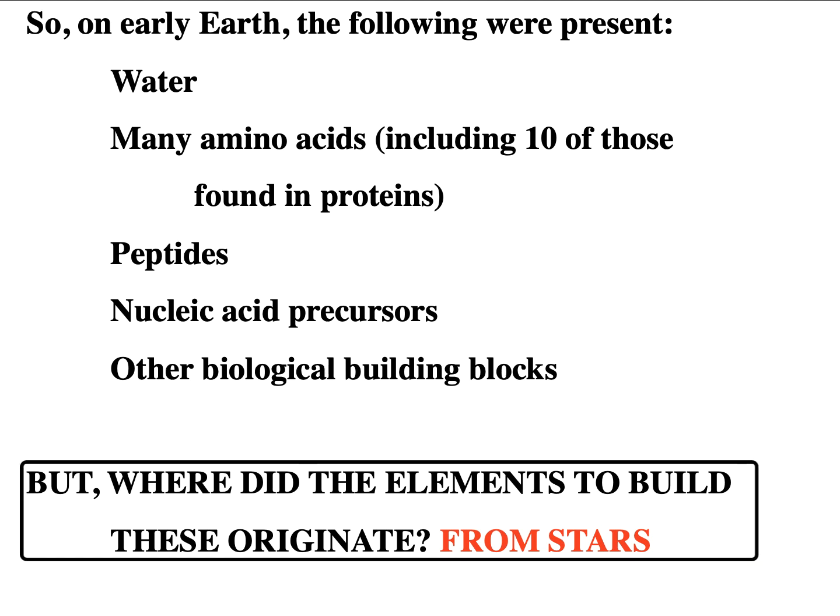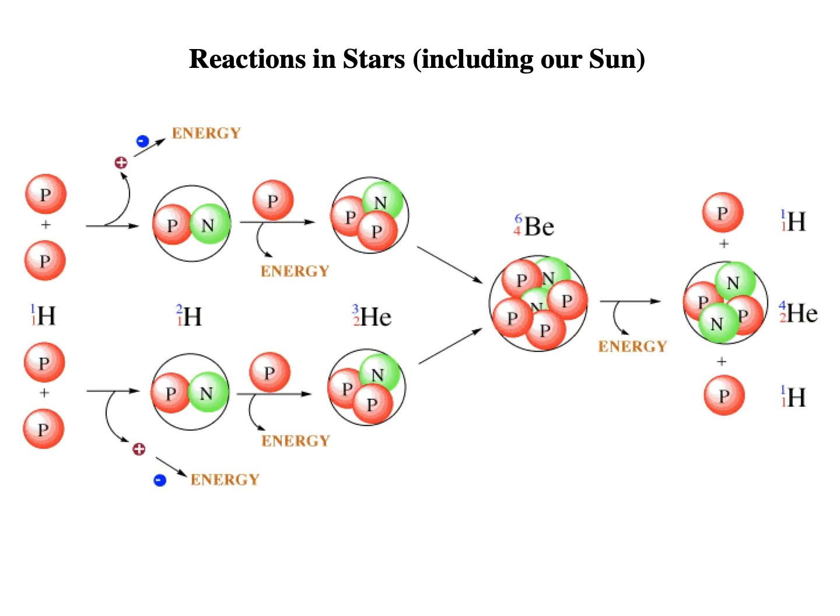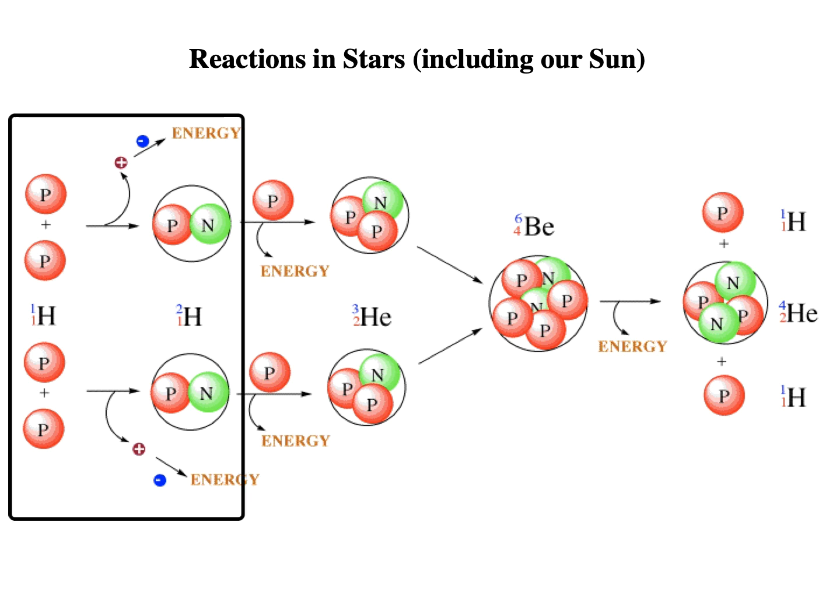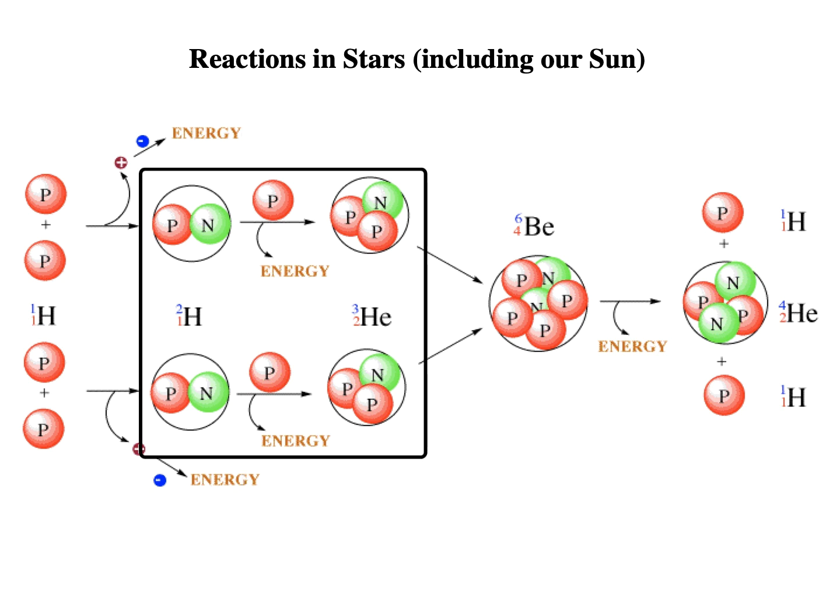But where did these elements and molecules come from? And the answer is they came from the stars. So the sun and other stars are essentially fusion reactors, so that they take hydrogen and add protons to the hydrogen nuclei to produce helium.